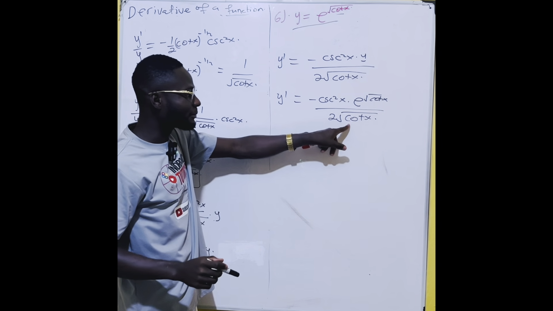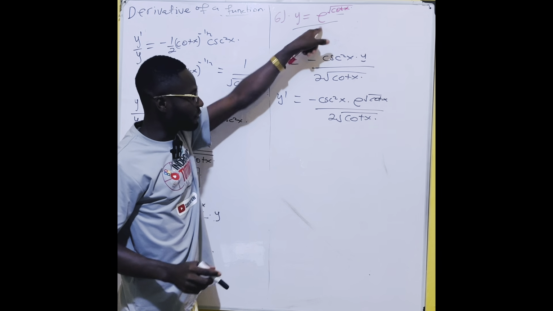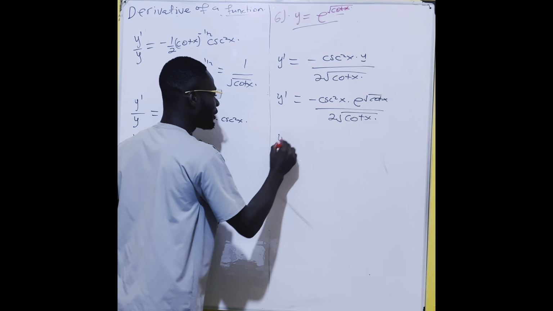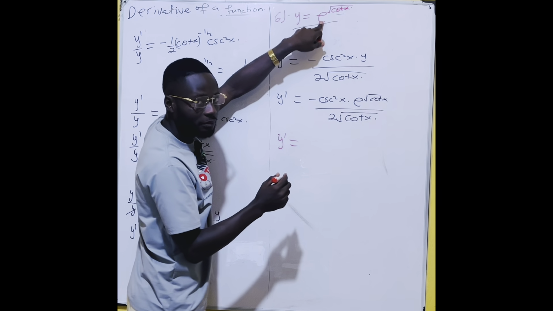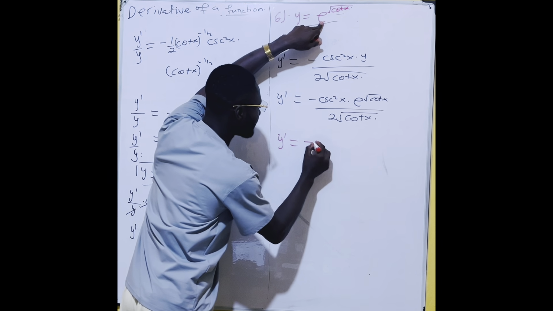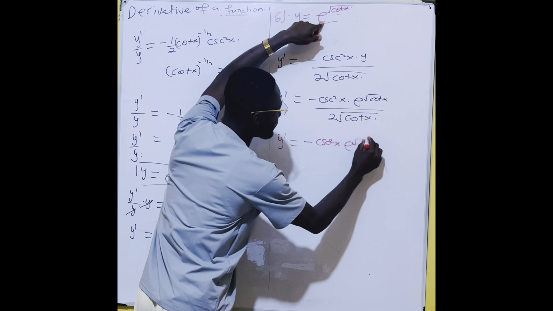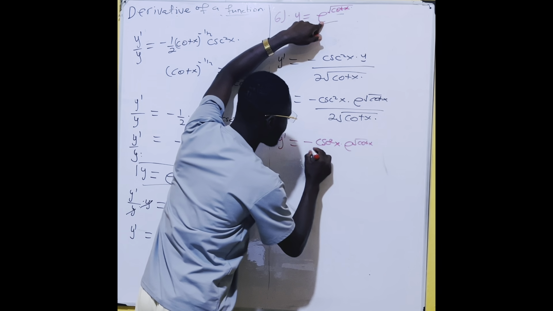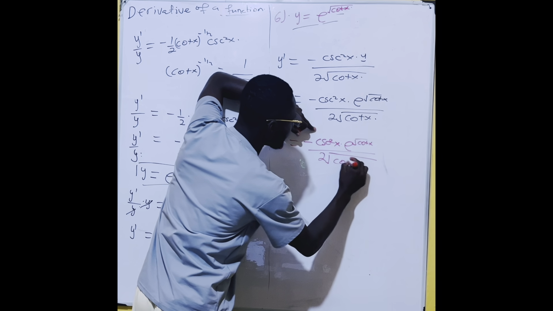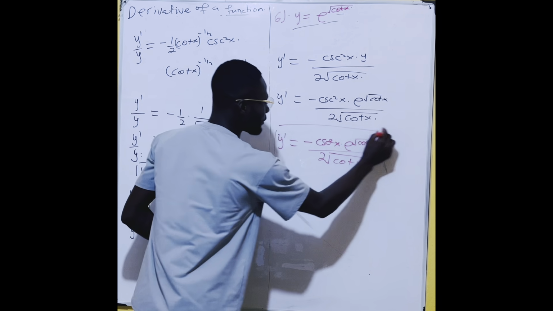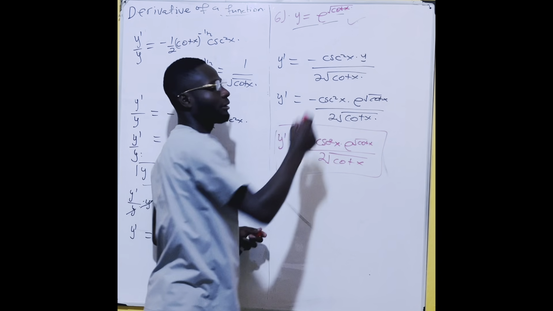So this becomes the result of differentiating this particular function. So we see that the derivative of e to the power square root of cot x is negative cosec squared x times e to the power square root of cot x divided by 2 square root of cot x, right? Okay, so that is the derivative to this particular problem.